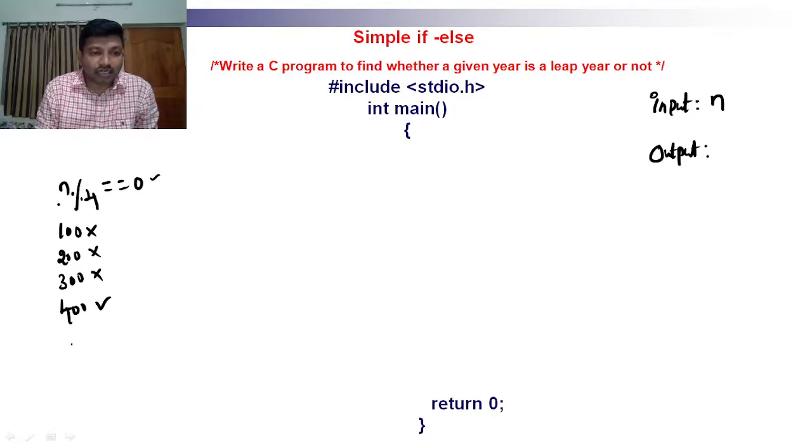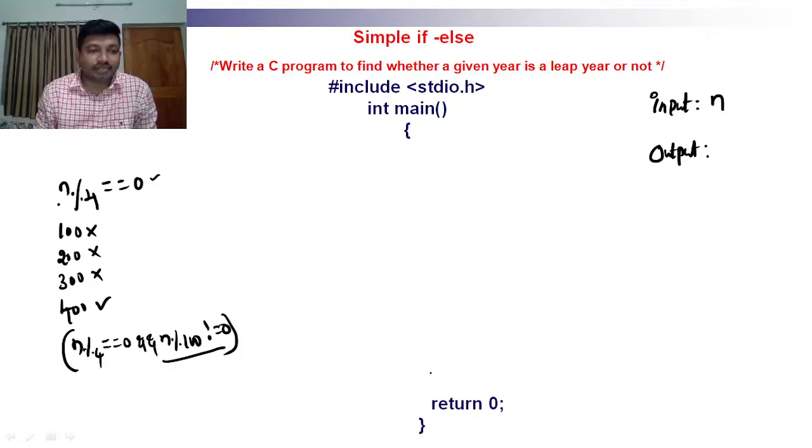So n % 4 must be equal to 0, and at the same time n % 100 should not be equal to 0. So 4 is a leap year because it is divisible by 4 but not divisible by 100.